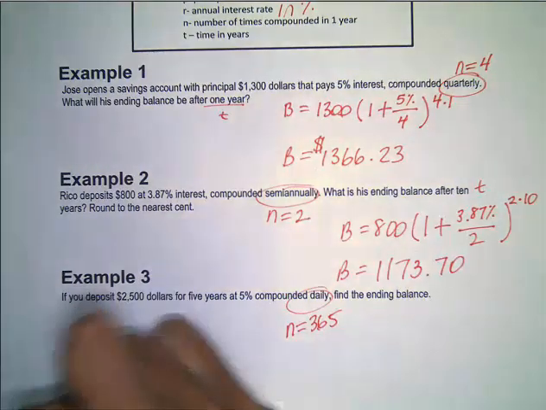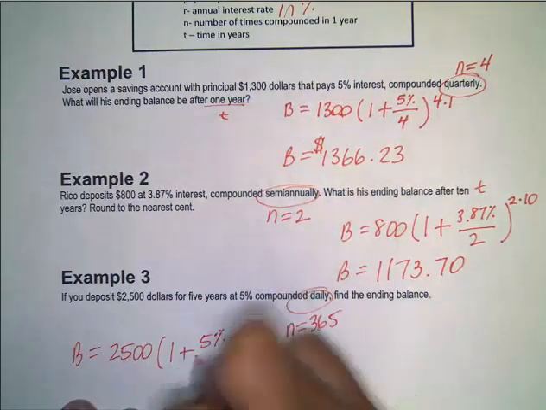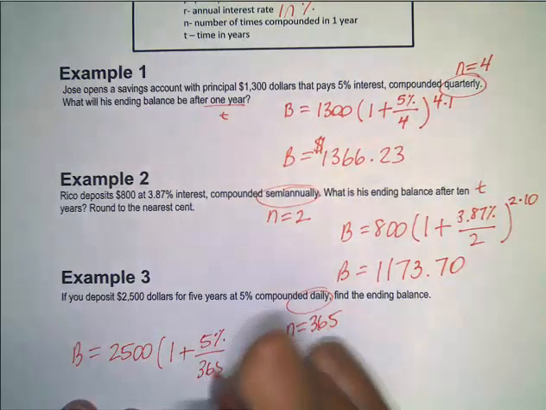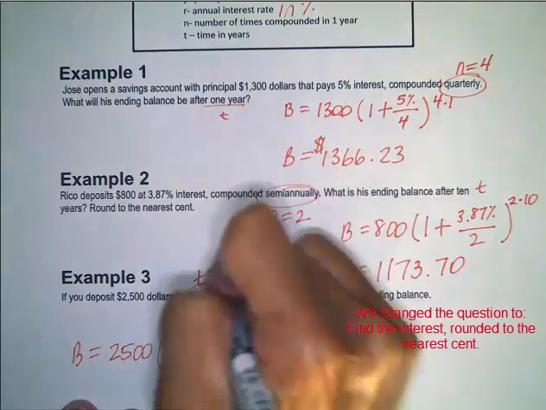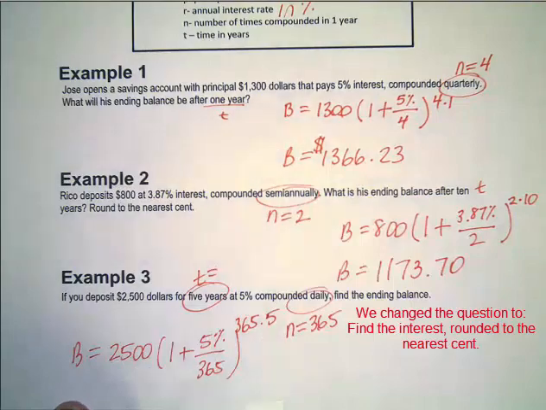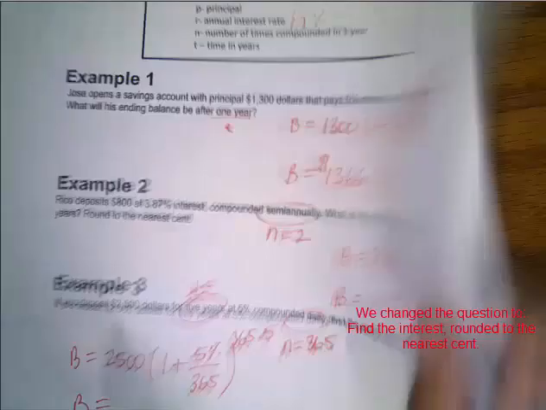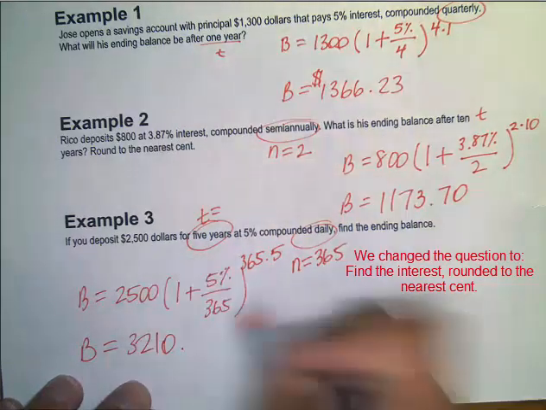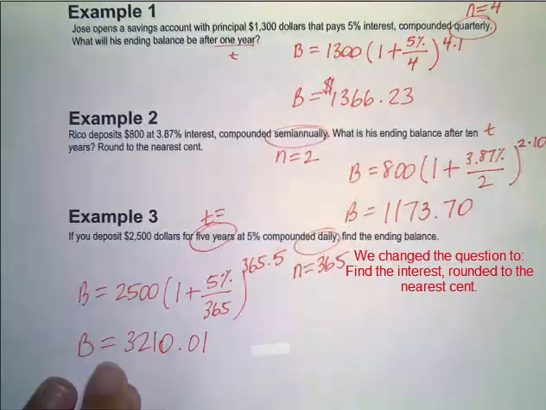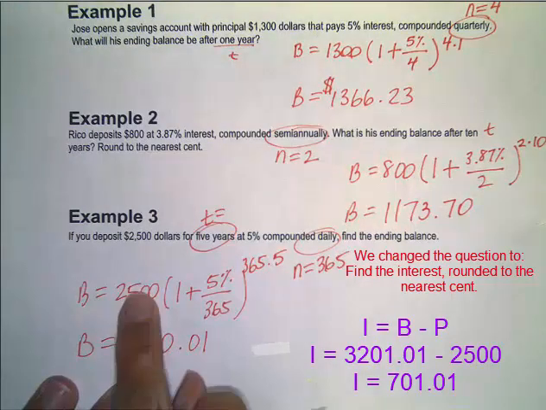So B equals 2,500, 1 plus 5% over N is 365, raised to the 365 times 5 years, which is your T. So go ahead, pause and find your balance, which should be $3,210.01. So it asks for the balance. Now, if you were going to find the interest, it is the difference between the principal and your balance. Okay?